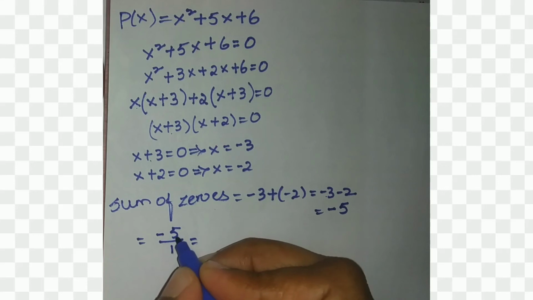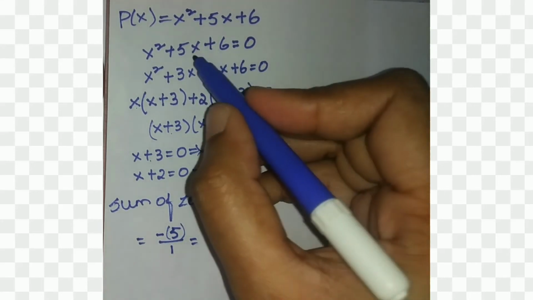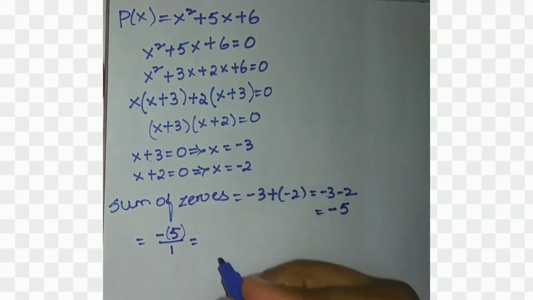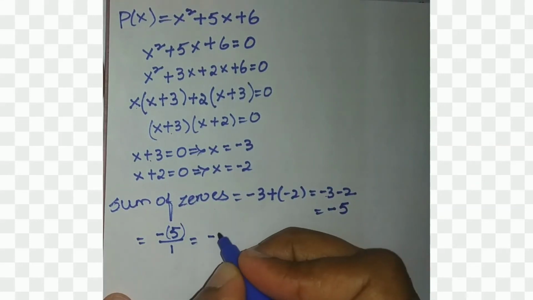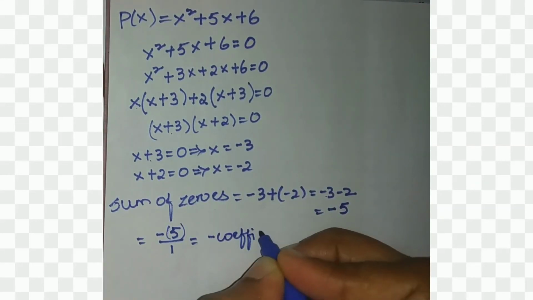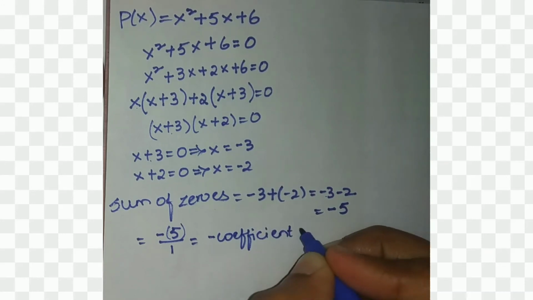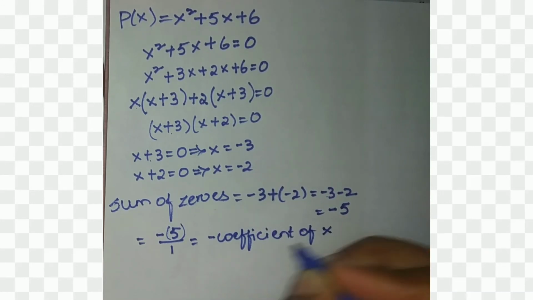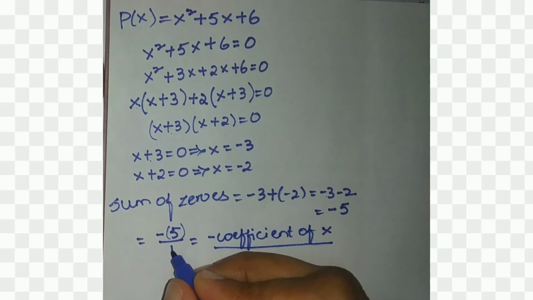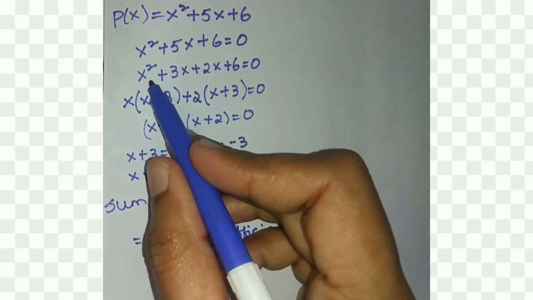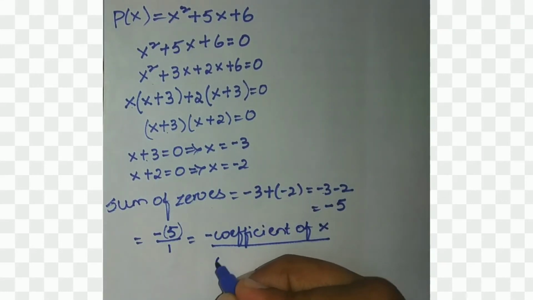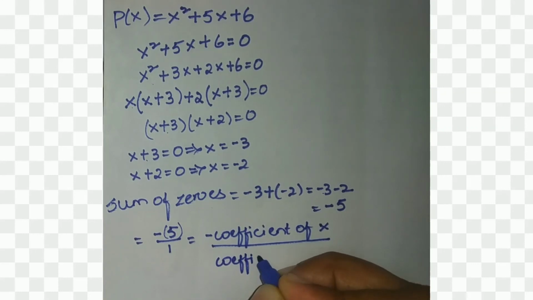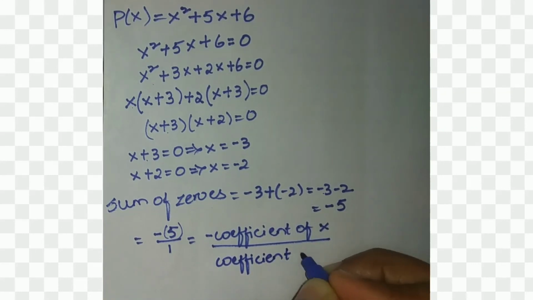So 5 is nothing but the coefficient of x. So minus of coefficient of x by 1 is nothing but coefficient of x square.